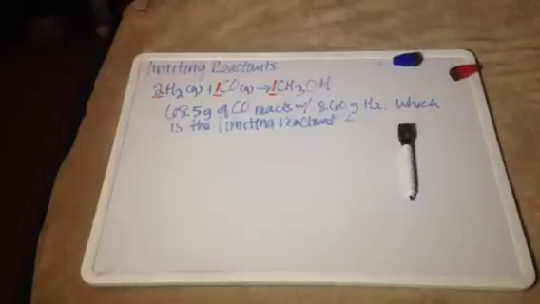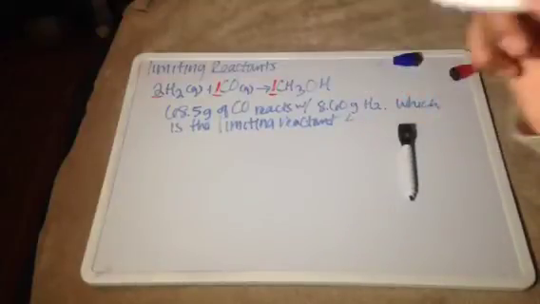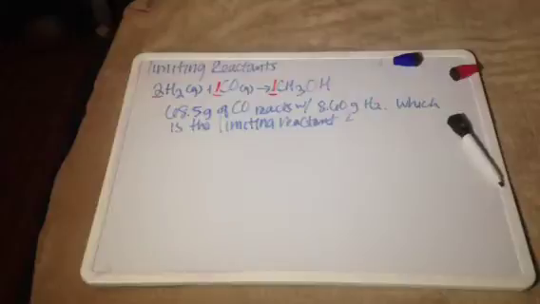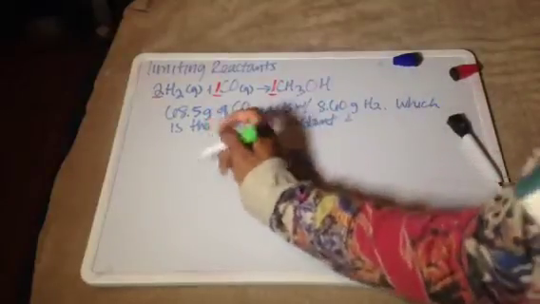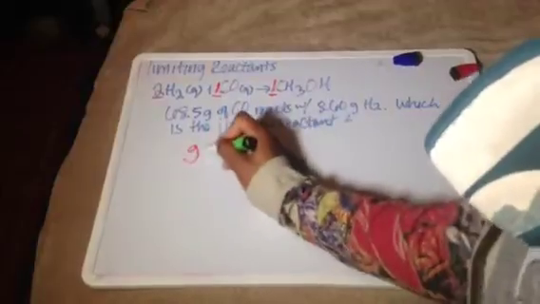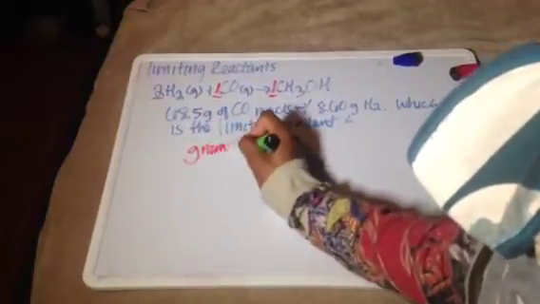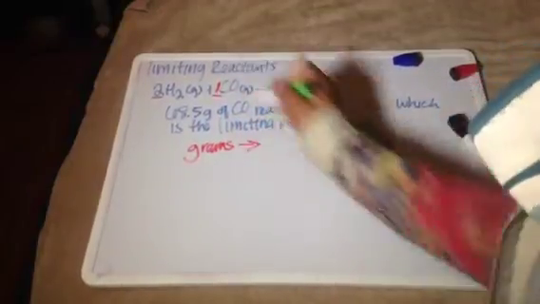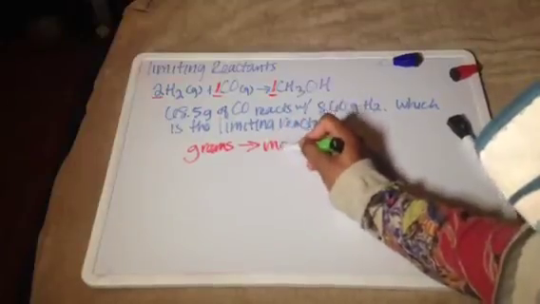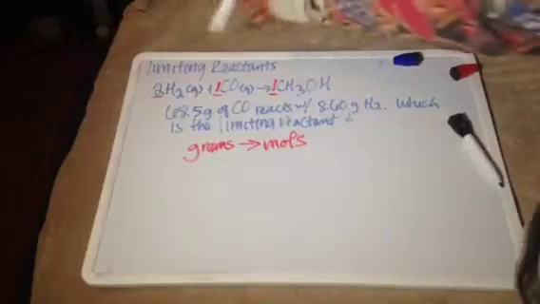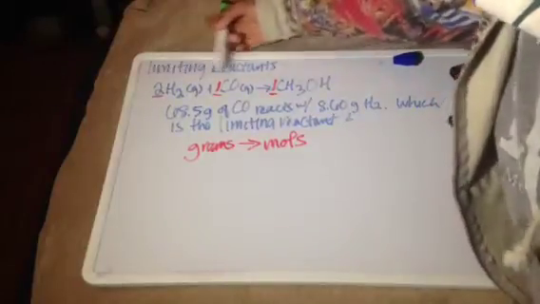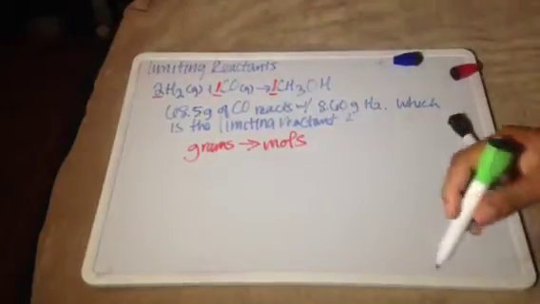And in this case, it's asking the limiting reactant. So I think it may be easy for me to begin to do this with you guys. Since we have grams, that is going to be our starting place. So we're going to go from grams to moles, because that'll be our final stopping ground, and you'll see why in a second.